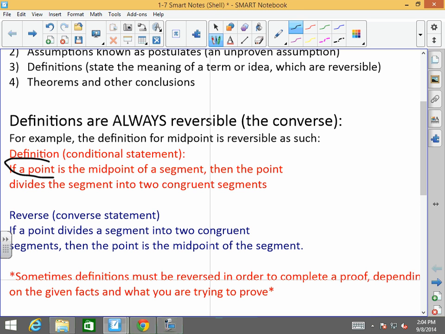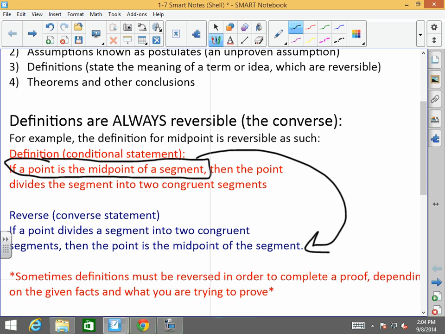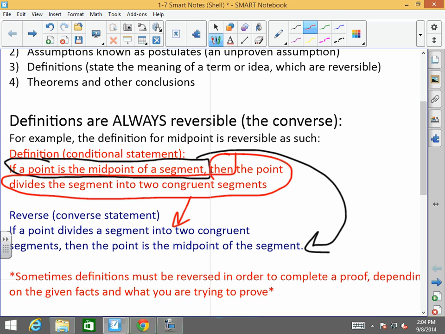I took this part and I put it at the back. And then I took this part and I started out the converse with that. Okay? Does that concept make sense to you guys? You can reverse it. Where do you know where to reverse it, Mr. Morrow? The then. The then cuts things up.